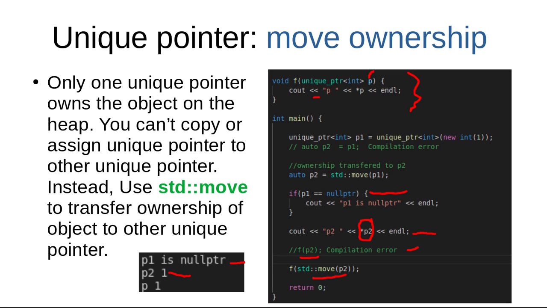And if you print it, p is taking the value 1. So after you call std::move, p2 itself no longer points to anything, and if you check here if p2 is null pointer, you will see it's empty and it's a null pointer.